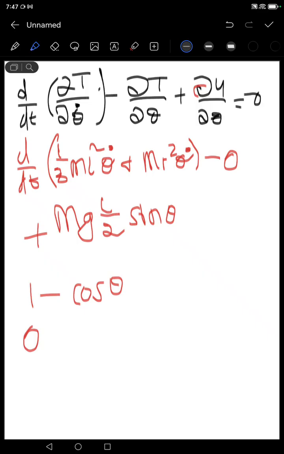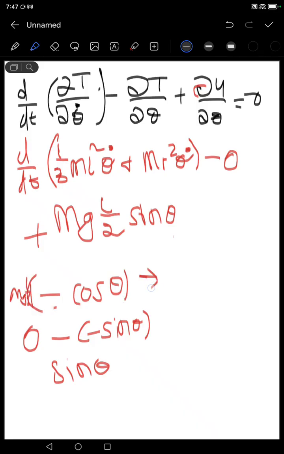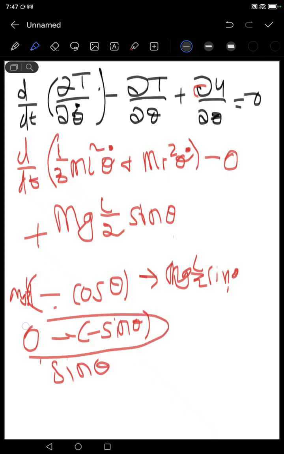Yeah, no matter, the 1 becomes a 0, because the derivative of a constant is 0, and then the derivative of cos is negative sine. So when we differentiate mgL over 2 times (1 minus cos theta), we get mgL over 2 sine theta. This is where we get the sine theta, we get it from here.